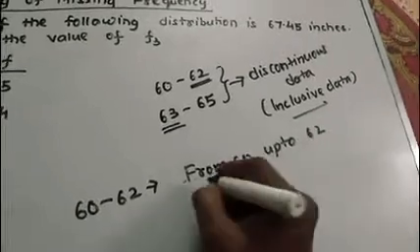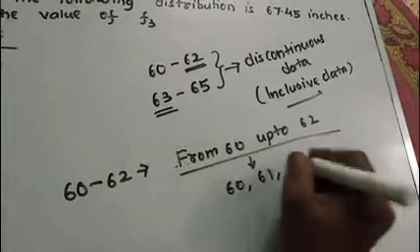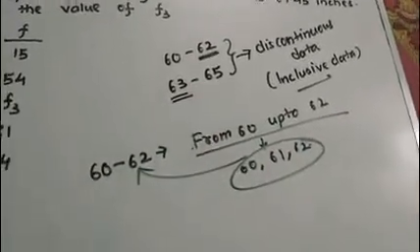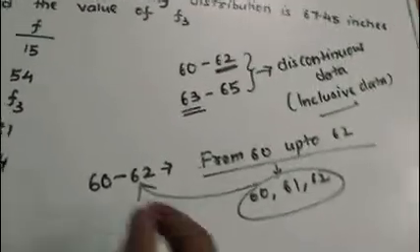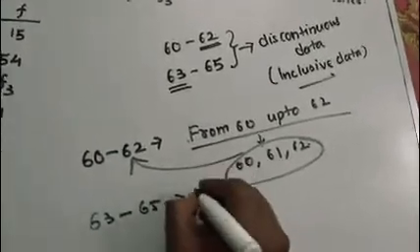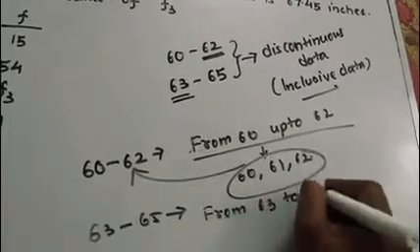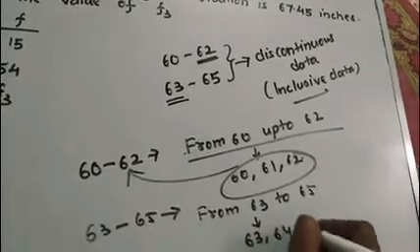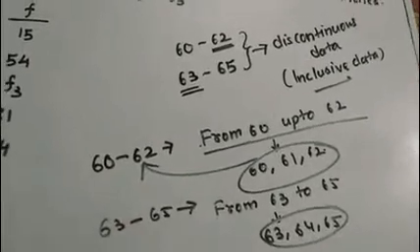That means 60 also, 61 also, as well as 62. This type of data will be collected in this class interval. Now 63 to 65 is defined as the collection of those data which start from 63 and end at 65. That means 63, 64, 65. These types of data are collected in this class interval.